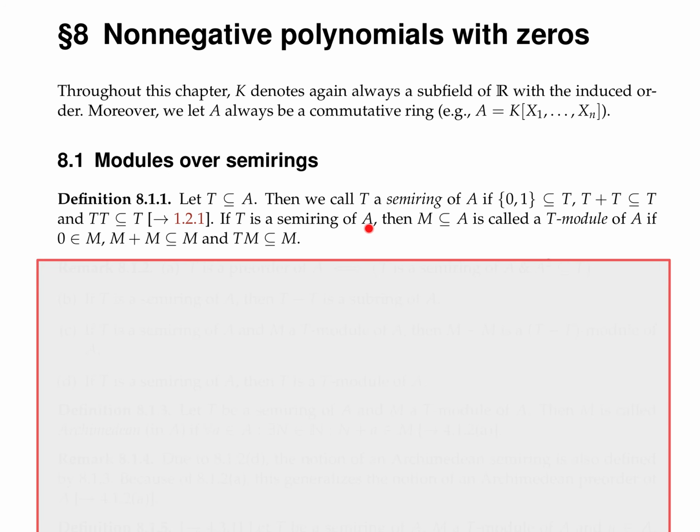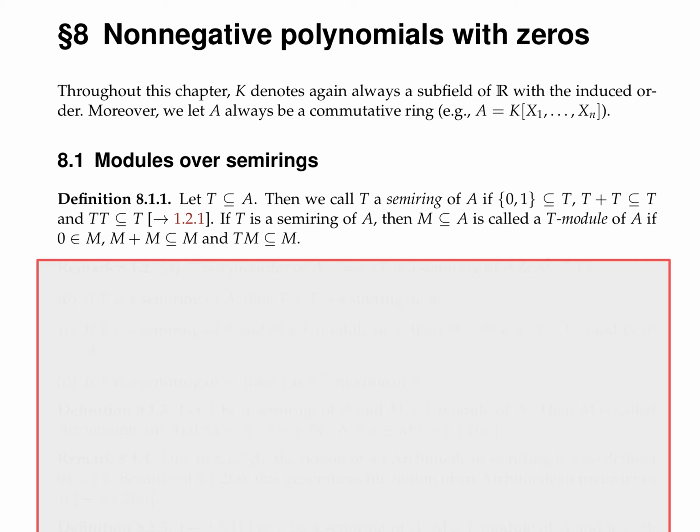If T is a semiring of A, a subset M of A is called a T-module of A if it contains 0, and it's closed under addition and closed under multiplication with T, right? You can compare it to a definition of modules, which we won't need at all.